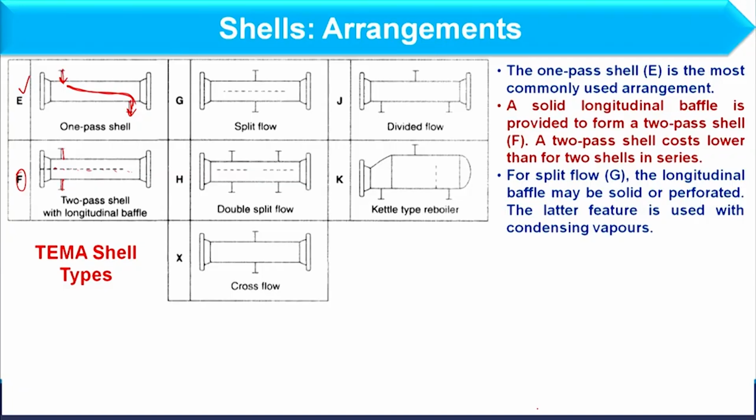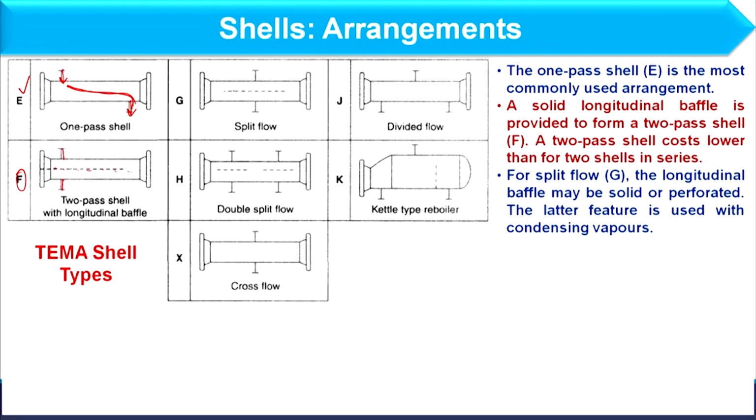So, in that case if I consider TEMA F shell, it means that is 2 pass in a shell, okay. As we consider passes in tube, we consider passes in shell by providing baffles, right. And next we have TEMA G shell, okay.